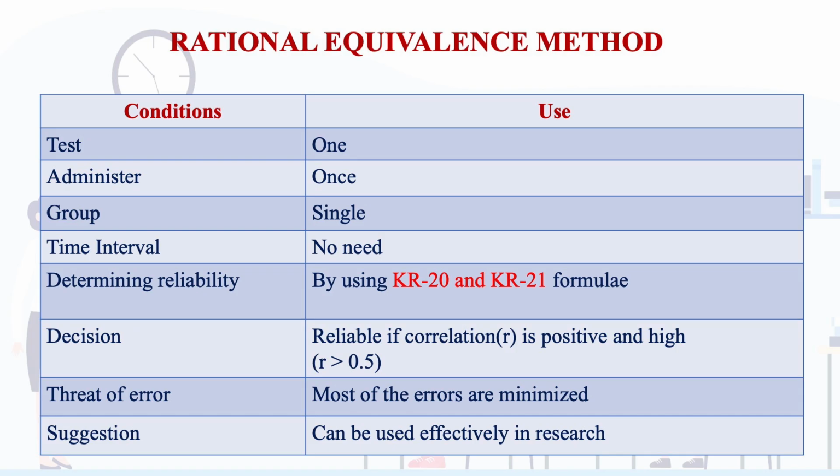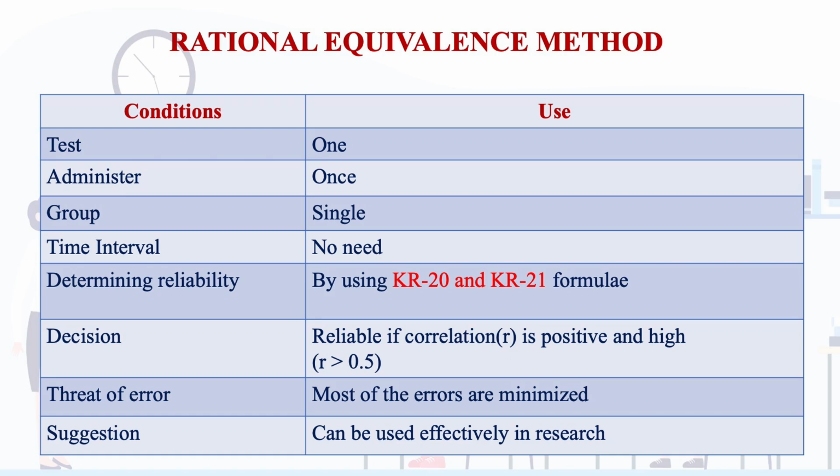For determining the reliability in the rational equivalence method, you can use two methods, called the KR20 method and the KR21 method. You may ask me what KR20 and KR21 are. KR means Kuder and Richardson, two psychologists. They developed a formula, and that formula number is 20.